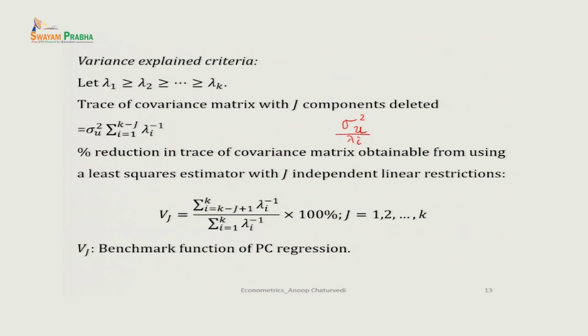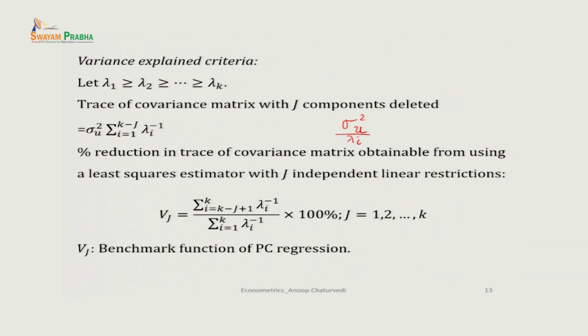So, if you retain just k minus j principal components and if you omit the last j components, then the trace of the covariance matrix is sigma square u times the summation i equal to 1 to k minus j of lambda i inverse.